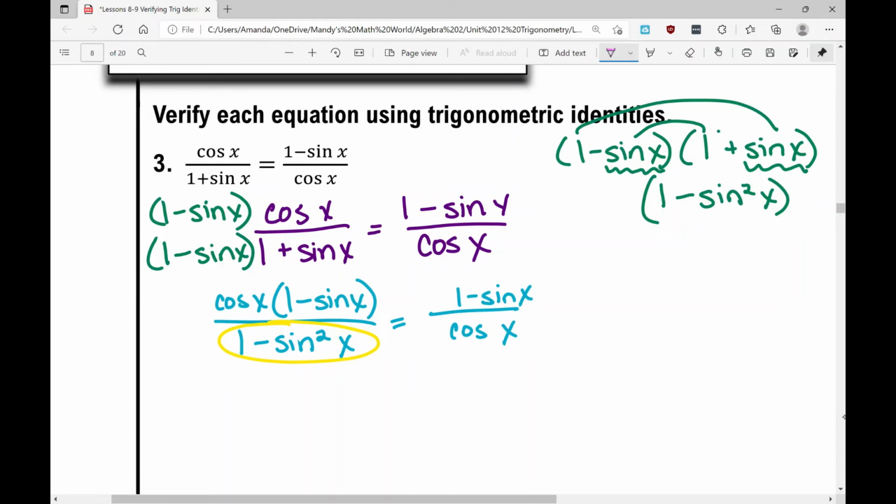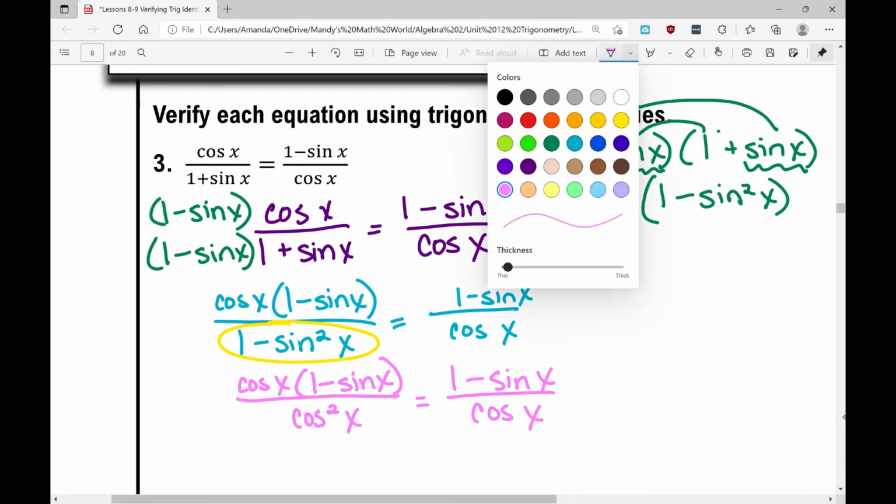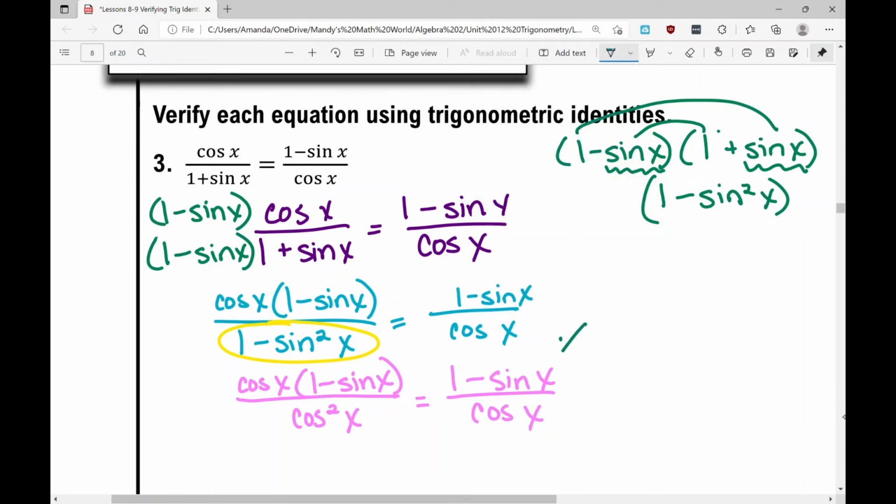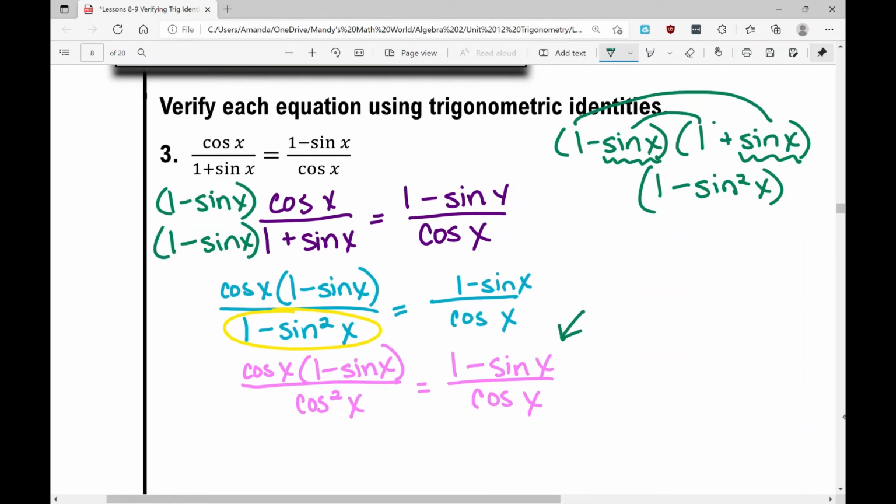So I'm going to rewrite it. Cosine x times 1 minus sine x over cosine squared x equals 1 minus sine x over cosine x. Okay, we're still working through this, and I know what I need to get to. Well, hey, I can simplify this cosine x over cosine squared x.